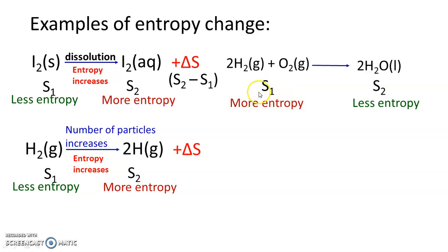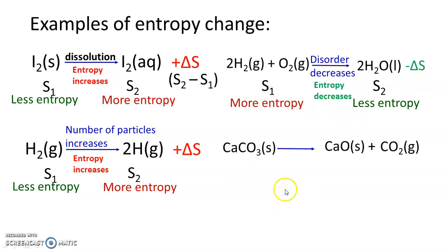So here S1, the entropy of the reactants, is more, and S2, the entropy of the product, is less because the product is in liquid state. So during conversion of reactants into product, or gas into liquid, disorder decreases and therefore the entropy change is negative, entropy decreases.